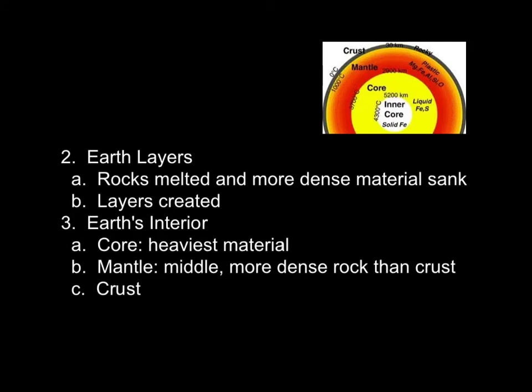The mantle, which is the middle layer, is going to have rock that is more dense than the crust. The final layer, or the outer layer, is called the crust. This is a relatively thin layer in comparison to the other two that covers the entire Earth.